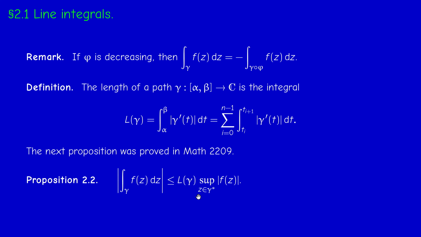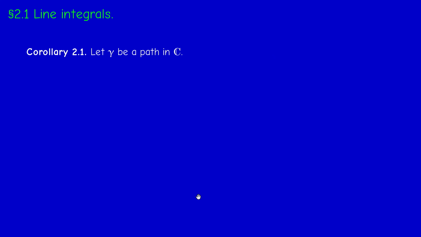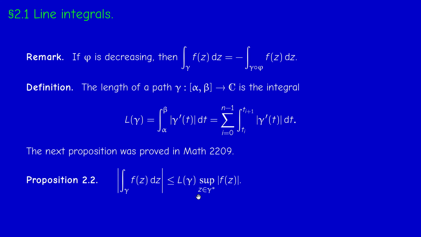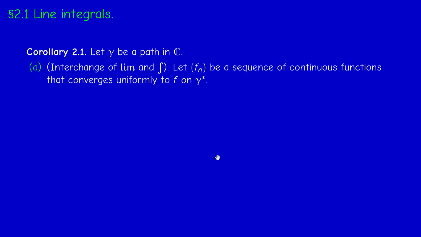Fine. And as a corollary of this fundamental estimate, I have the following theorem. If f_n is a sequence of continuous functions that converges uniformly on the curve gamma, then we can interchange the limit and the integral. This is as in the usual Riemann integral.